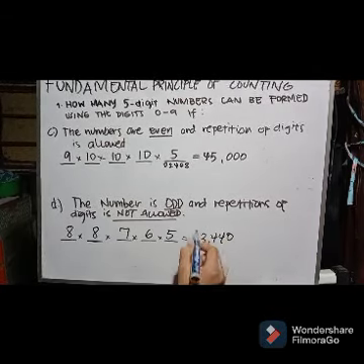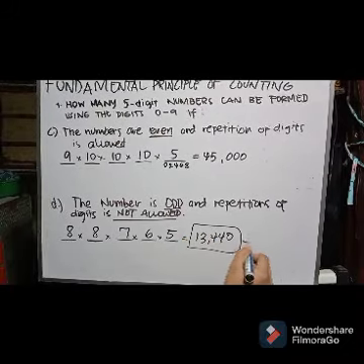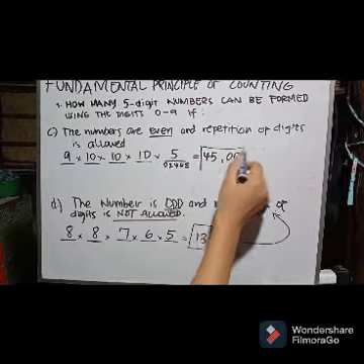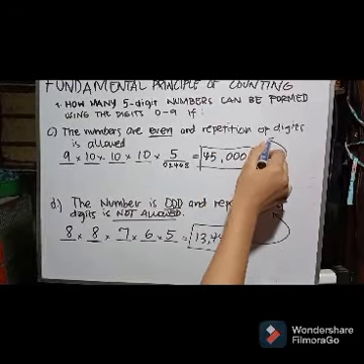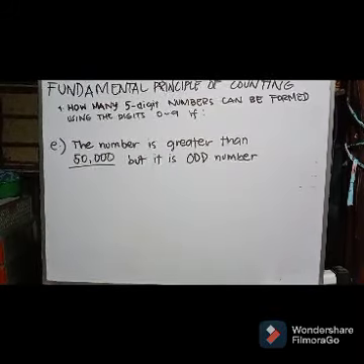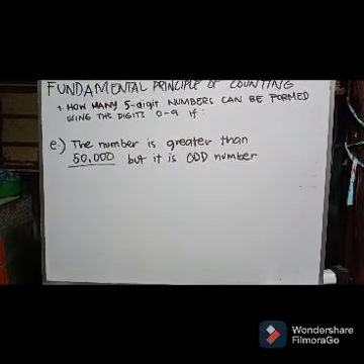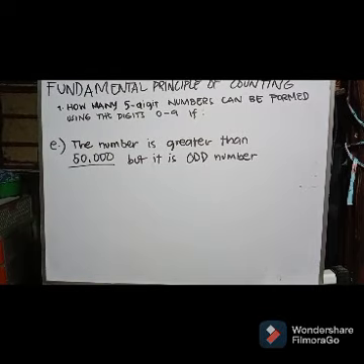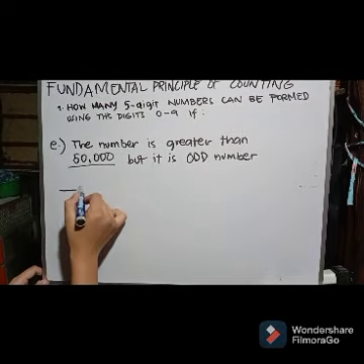So this is the answer for this condition of 5 digits using 0 to 9. For the last condition of this problem, condition E, the number is greater than 50,000 and it is an odd number. So 5 digits.